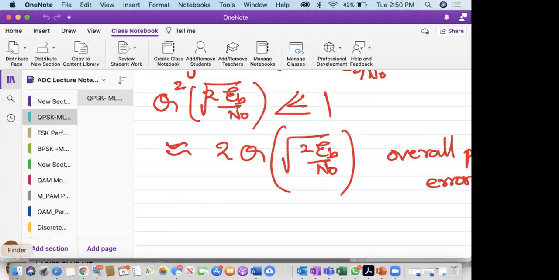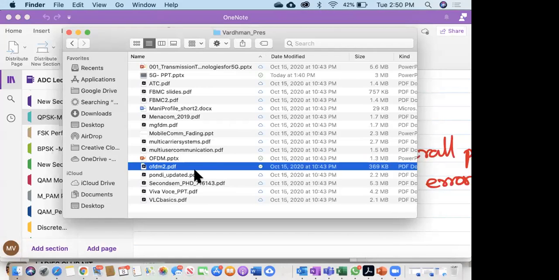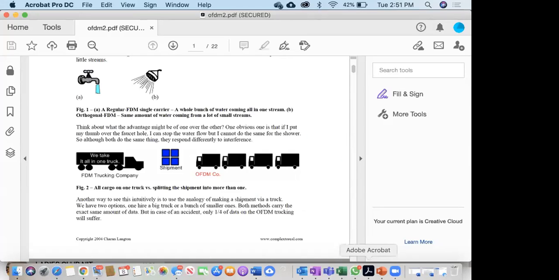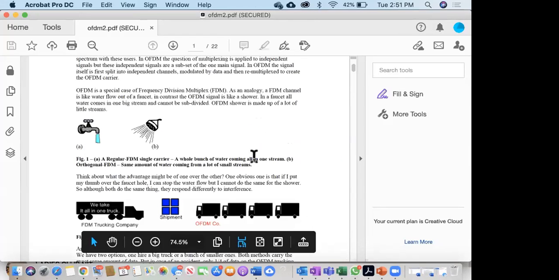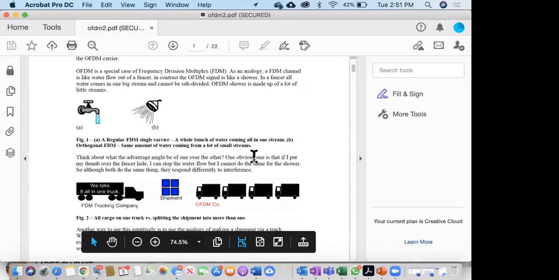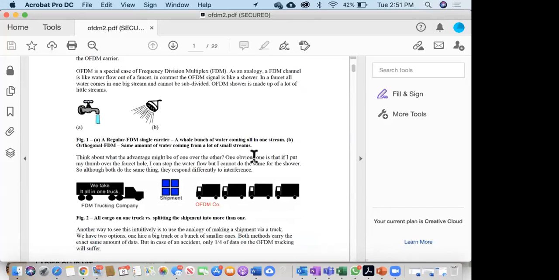This is a visualization from one of the papers. You can see how OFDM works. If you send your signals through a single tap, meaning single-carrier communication, you get some information.